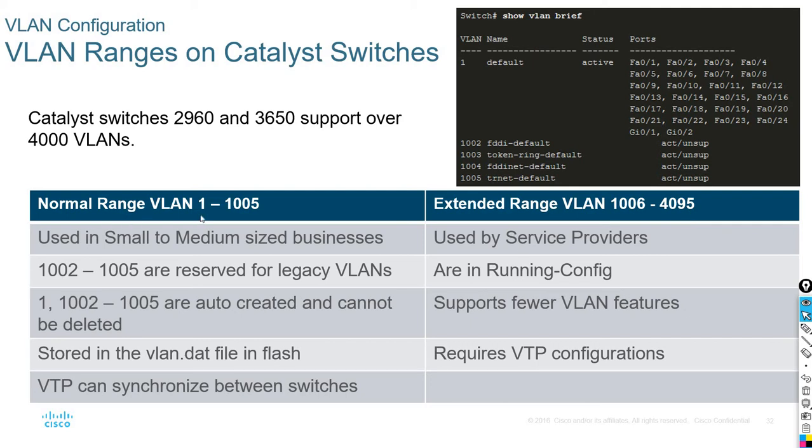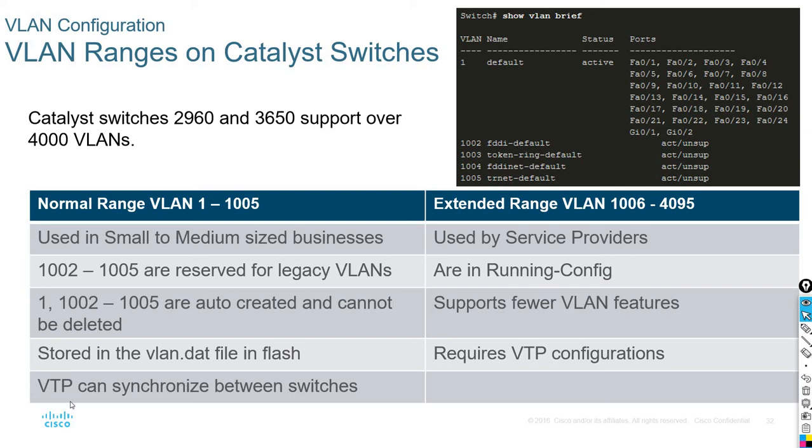The normal range 1 to 1005 is used in small to medium sized businesses, and 1002 to 1005 are reserved for legacy VLANs here. 1002 to 1005 are auto created and cannot be deleted, and they are stored in the vlan.dat file in flash.